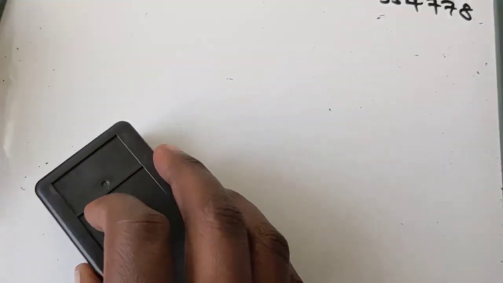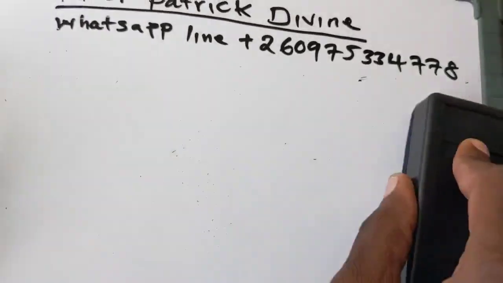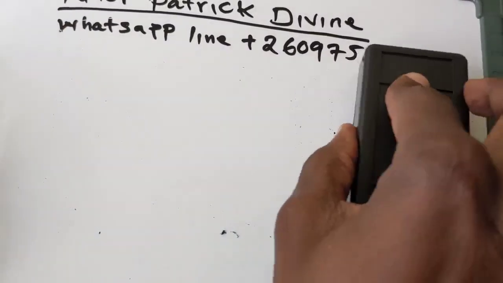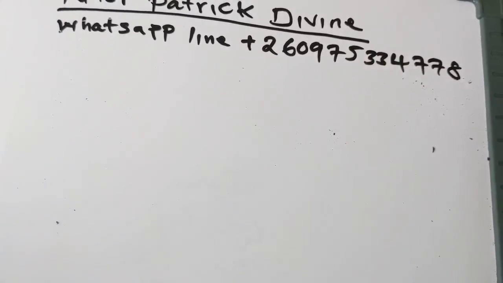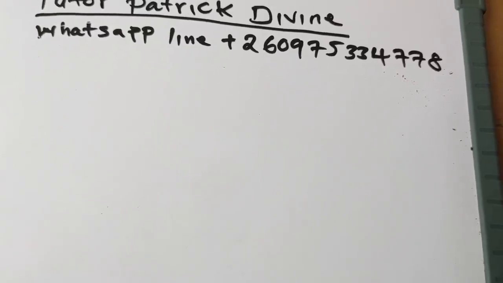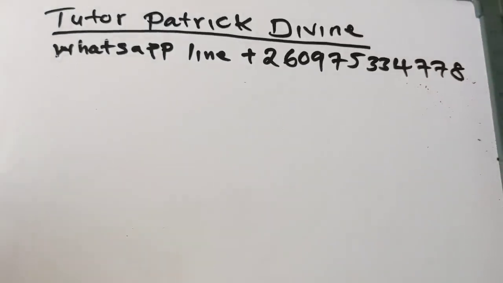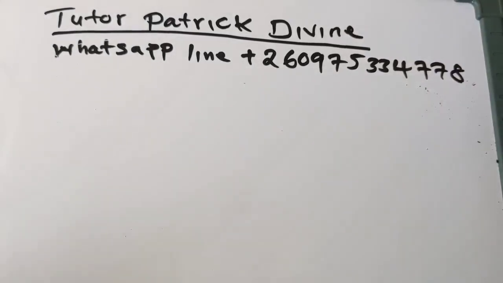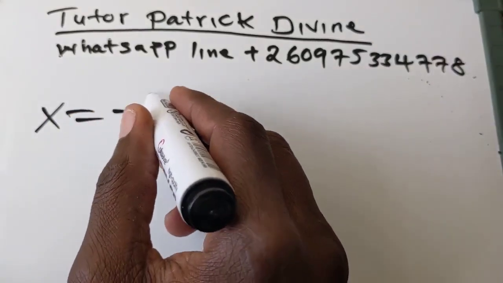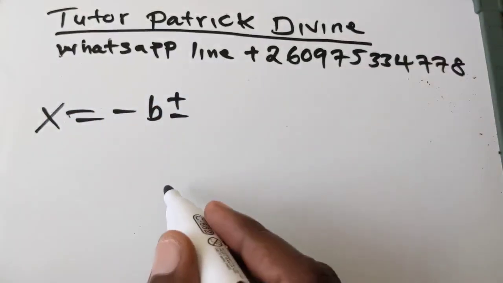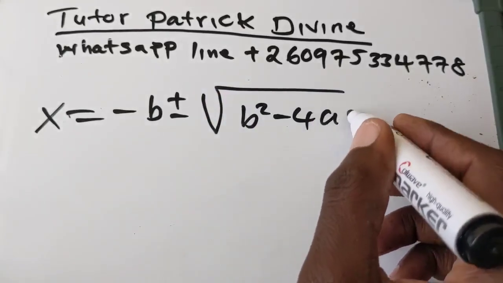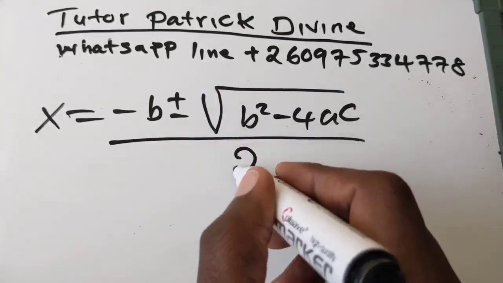So we use this same board. These two formulas are derived using the formula method for a quadratic equation. The formula method for a quadratic equation looks like this: x is equal to negative b positive or negative root of b squared minus 4ac over 2a.